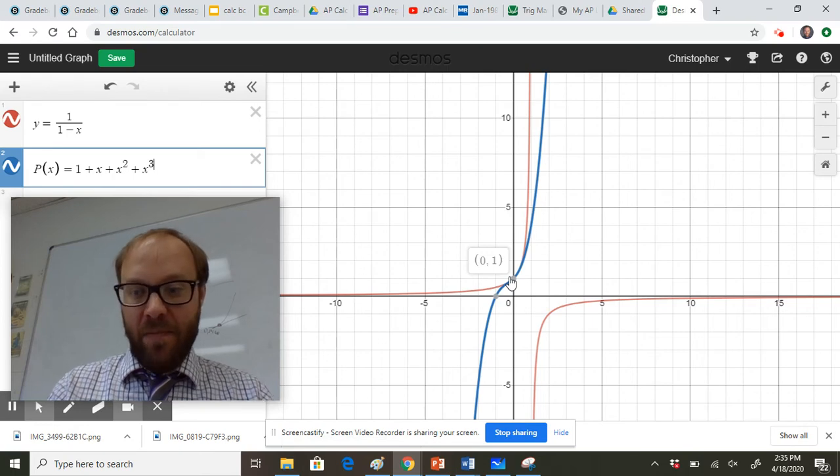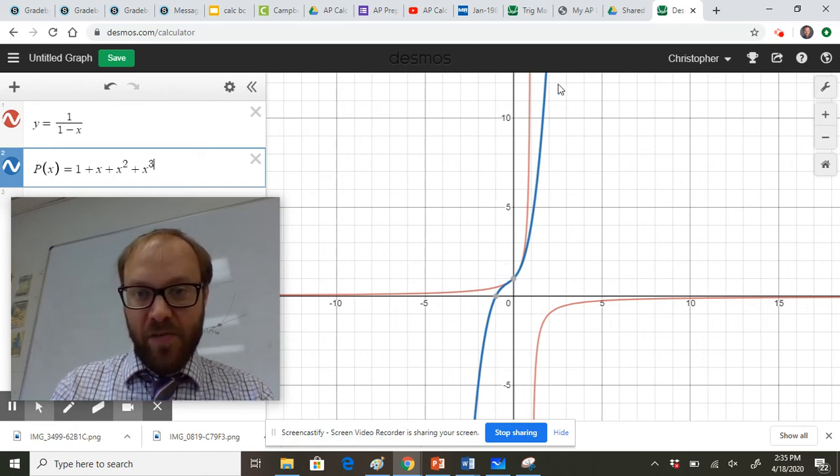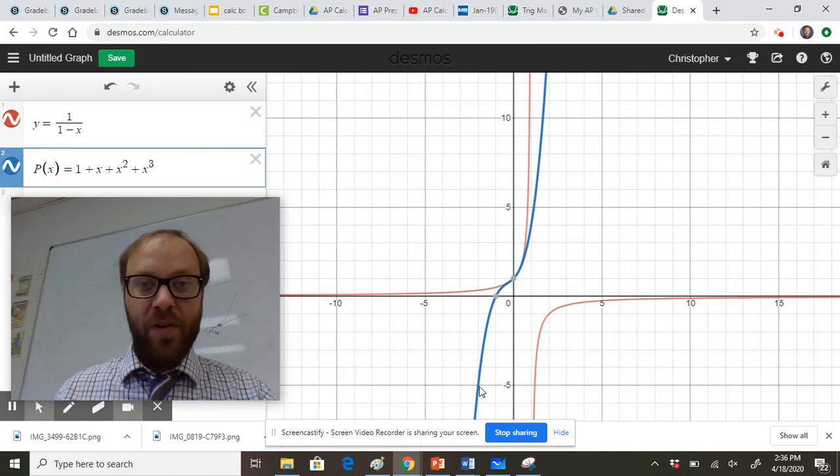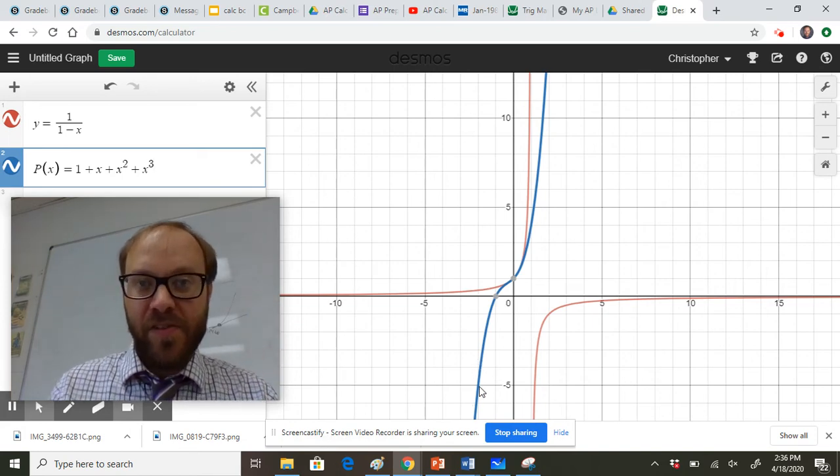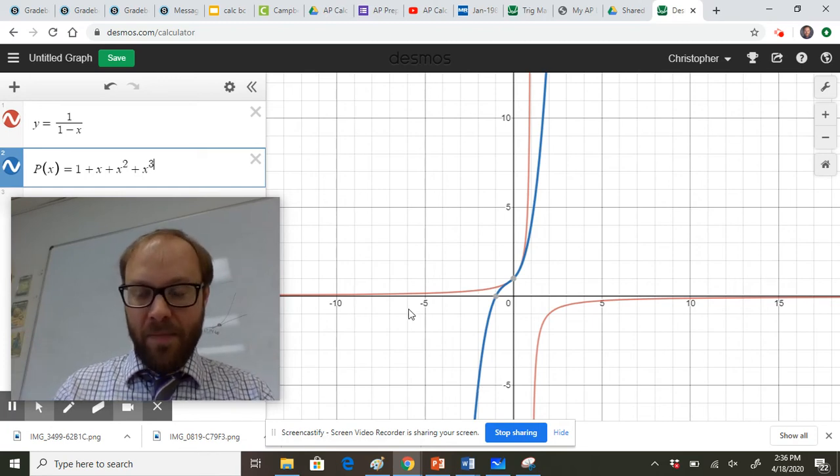Now, if you think about end behavior, a cubic function is going to go to infinity in one direction. It's going to go to negative infinity in another direction. So once you get outside that range, values close to 0, it's not necessarily going to look anything like the other function. As you write more terms, it gets better and better and better.